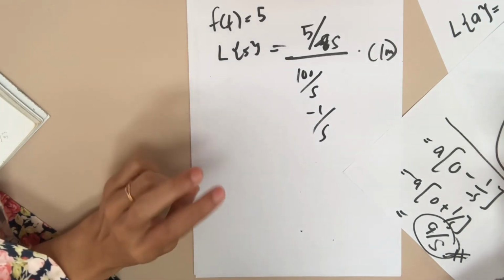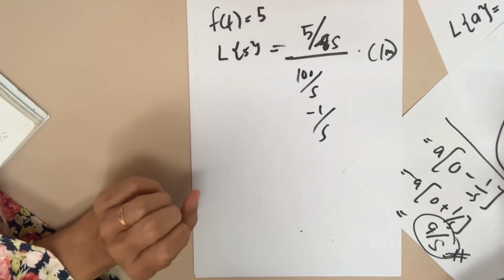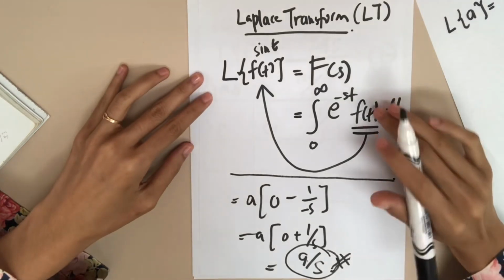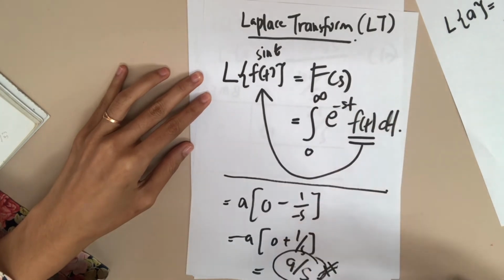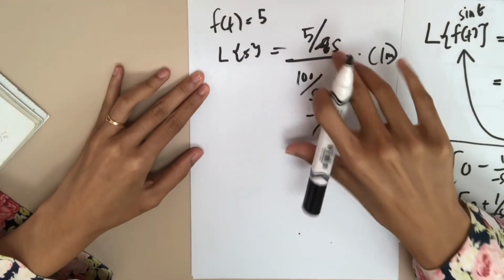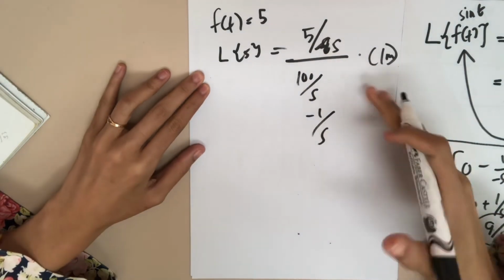So there are two ways. The first way is by using the definition, the derivation, which means you need to integrate and show your steps. The other is by using the table. Later on, I will show you the table.